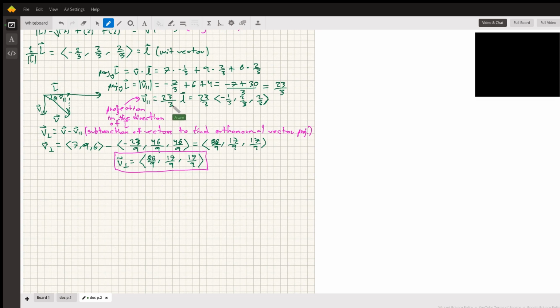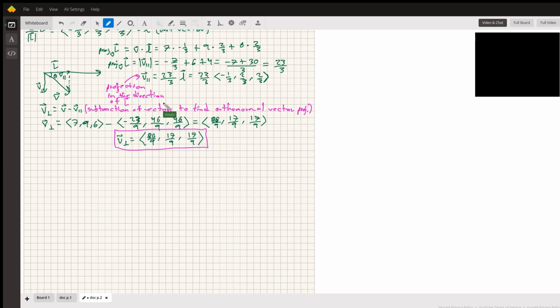To get this, we multiply the scalar magnitude, which is the projection, times the direction of the vector L as a unit vector. We already calculated the unit vector of capital L, which is lowercase l, and that gives us 23 over 3 times the vector lowercase l.